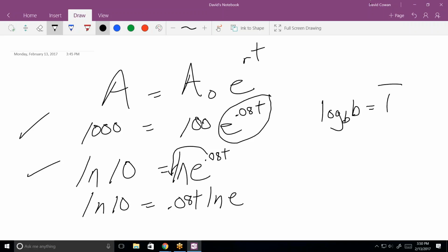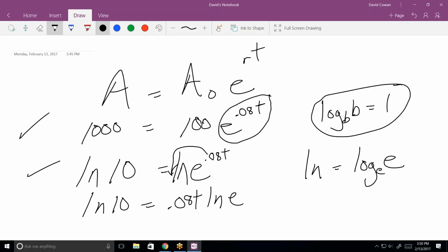When I say natural log, what's the base? The natural log means base e. So when I say natural log of e, I'm fitting that log formula.